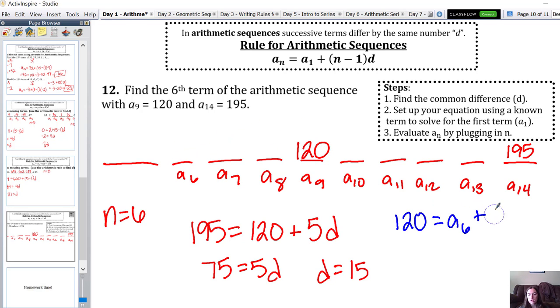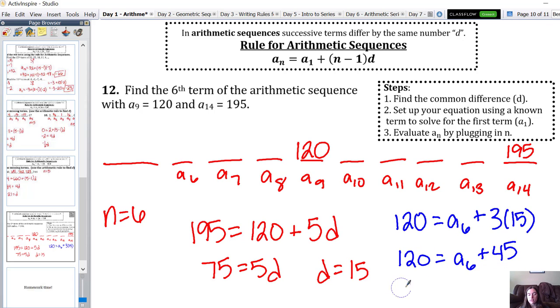Our value of n is 4, minus 1 is 3, times 15. So we have 120 equal to a sub 6 plus 45. And 120 minus 45 is 75. So our value of a sub 6 is 75.